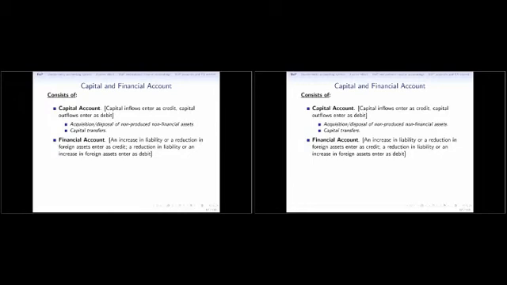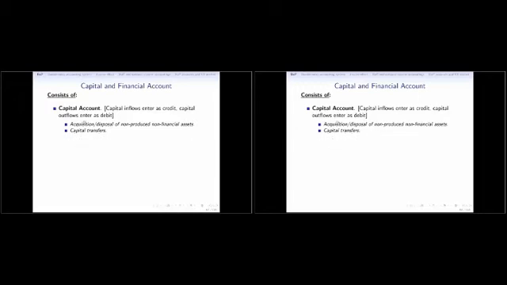The second major component here is obviously the financial account. Within the capital account, the rule is such that if you have capital inflows, you have credits, and if you have capital outflows, you have debits. If people bring funds from India, for example, to Australia, then from the Australian perspective, we have credits because we receive those funds.